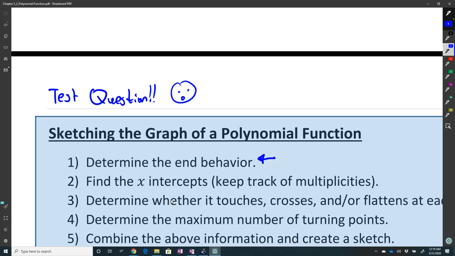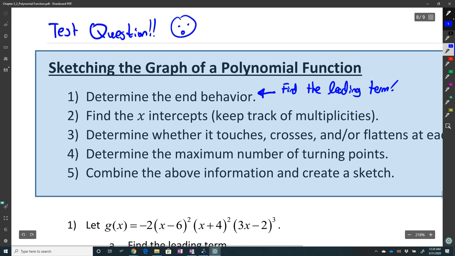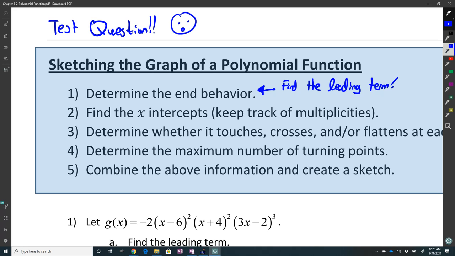Okay. So anyway, the first thing is to determine the end behavior, which means we need to find the leading term. Okay. Find the x-intercepts, which we did a couple pages ago.